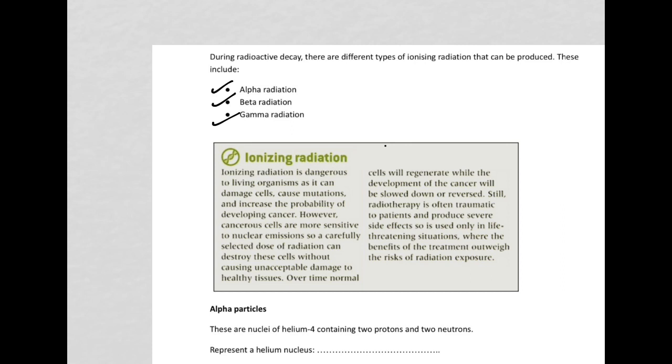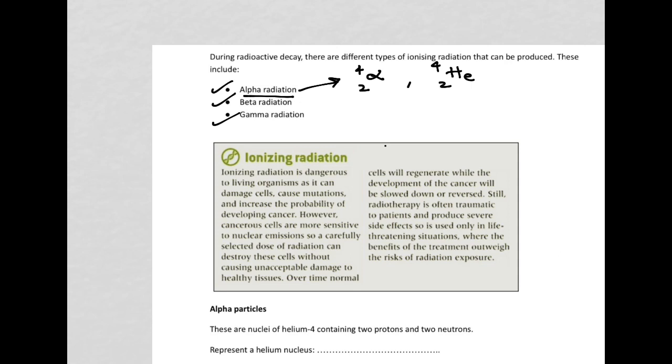Now, we say alpha radiations, but these are mostly particles, and so alpha particles are actually helium nuclei. It's represented by alpha 4 2, this symbol, or helium 4 2, like this.